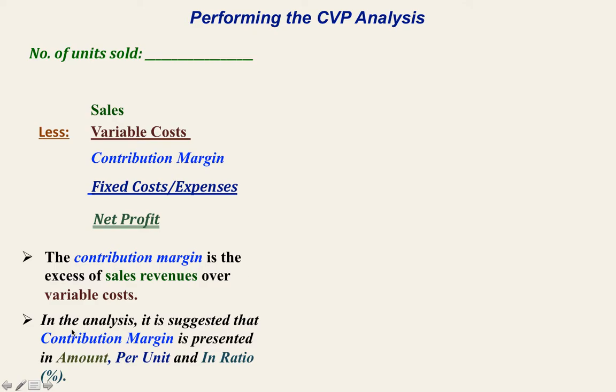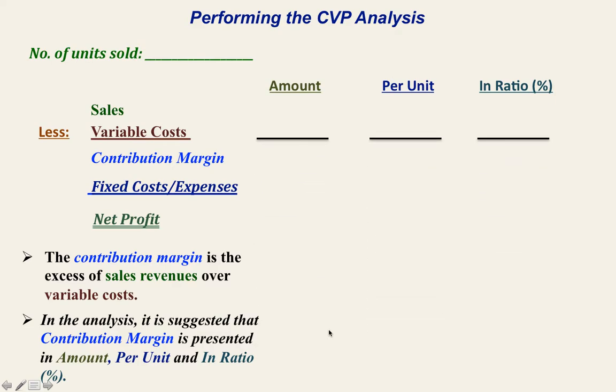In the analysis, it is suggested that contribution margin is presented in amount, per unit, and in ratio. If we are going to do a CVP analysis, it is best that you present this in terms of amount, per unit, and ratio. So we will have three columns: amount, per unit, and ratio.